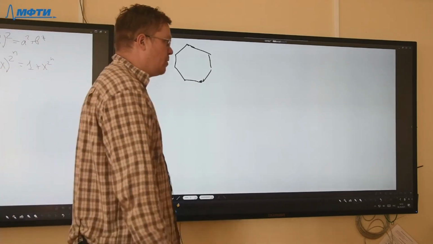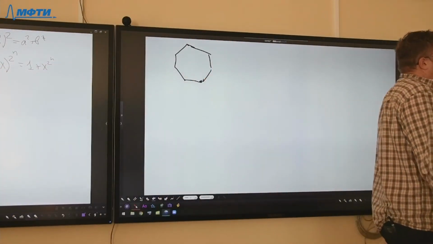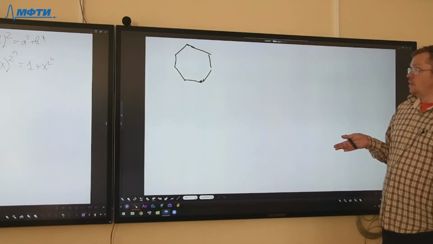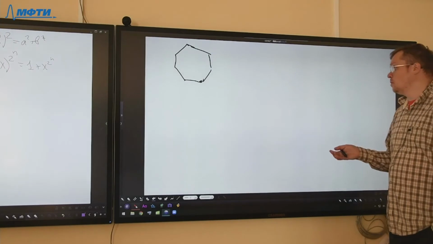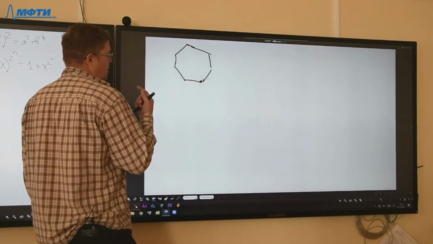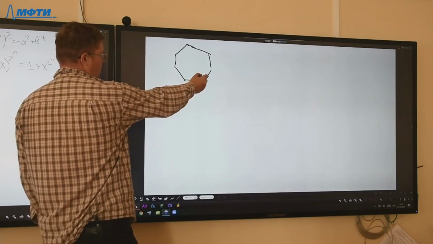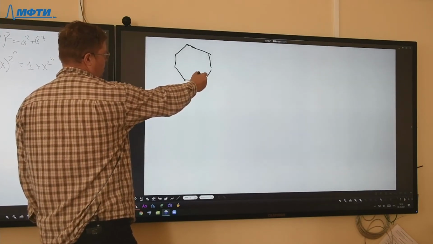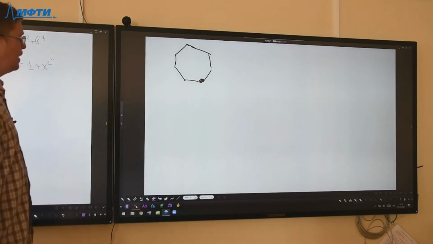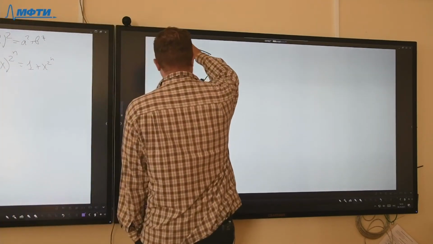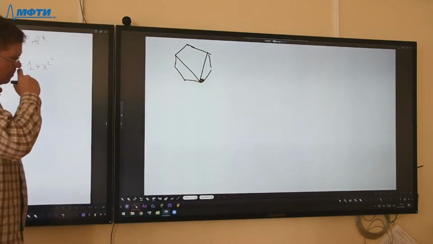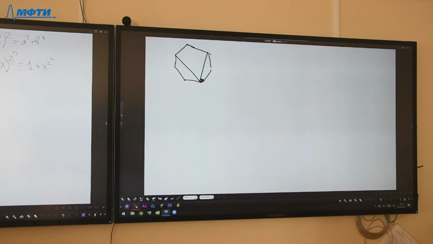Actually, we can start from two different ideas. The first idea is to fix one of the vertices and then look at the edges or diagonals from this point.